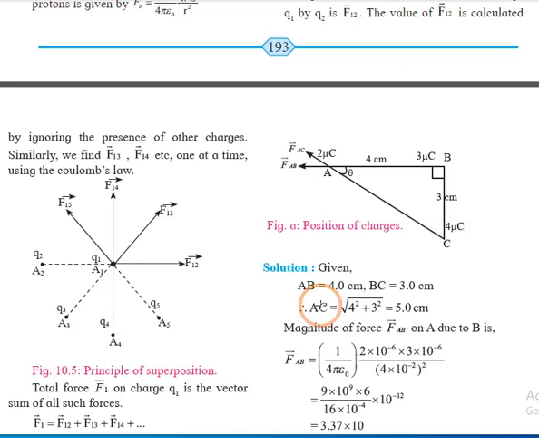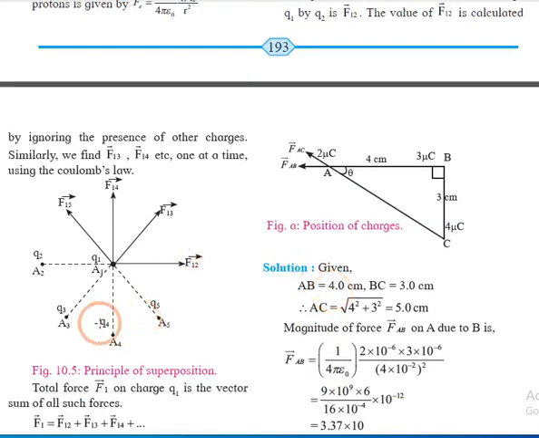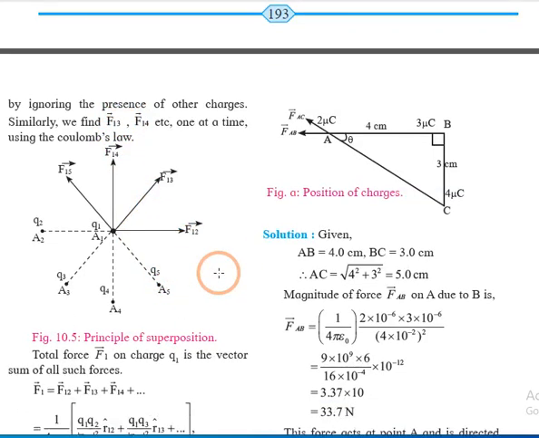is F12. The force exerted on Q1 by Q3, you can see it over here, is F13. The force exerted by Q4 on Q1 is F14, and the same with F15.